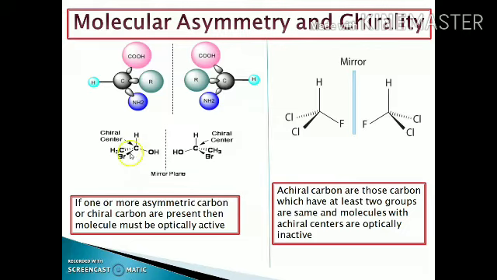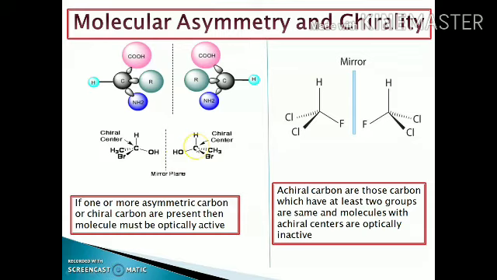In this example, let us suppose all the groups on this carbon atom are different. It means this carbon is a chiral carbon atom, also known as an asymmetric carbon atom, which has non-superimposable mirror images, and it means this compound must be optically active in nature.